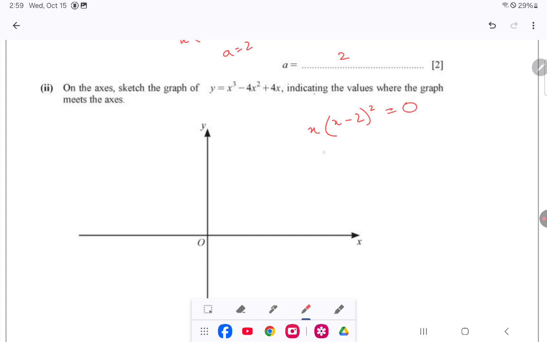First x is equal to 0, then x minus 2 square is equal to 0, take the square root on both sides. x minus 2 is equal to 0, add 2 to both sides, so x gives the value of 2 two times, and x is equal to 0. So in this cubic equation the x is getting only 2 values.